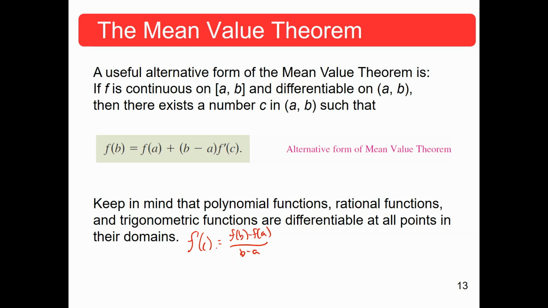So I'm going to multiply b minus a times both sides. That gives us b minus a times f prime of c. I'm going to add f of a to both sides, so plus f of a. That goes away, and I just have f of b equals that. So it's just algebraically manipulating it.